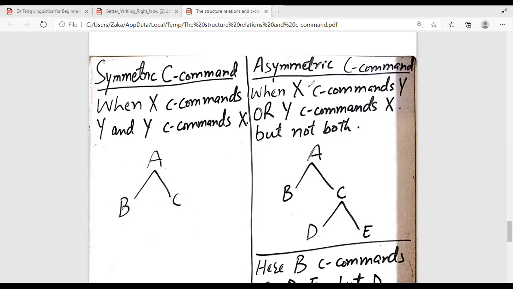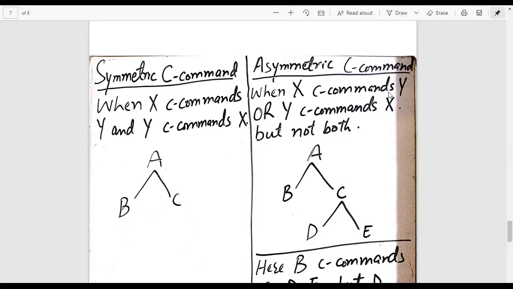And what is asymmetric c-command? Asymmetric c-command is such c-command in which X c-commands Y or Y c-commands X, but not both. So in this type of c-command, only X will c-command Y or Y will c-command X. Or you can say that B will c-command C, or C will c-command B. They both will not c-command each other like here.